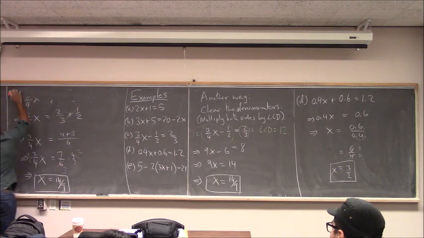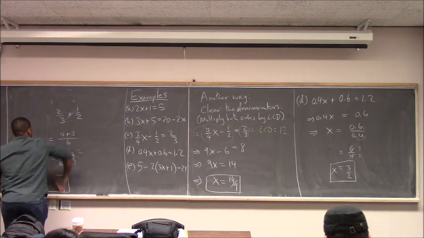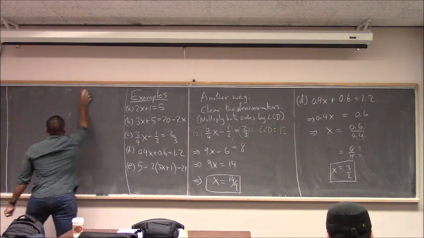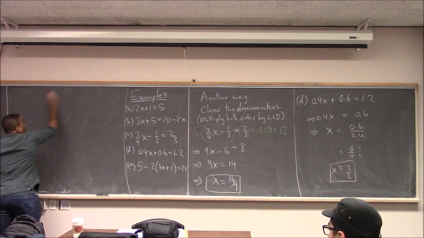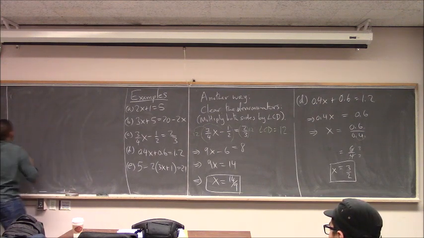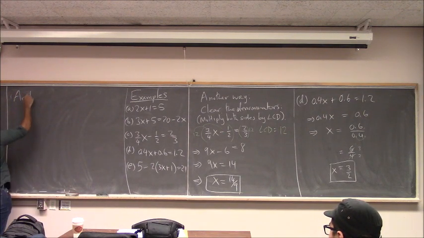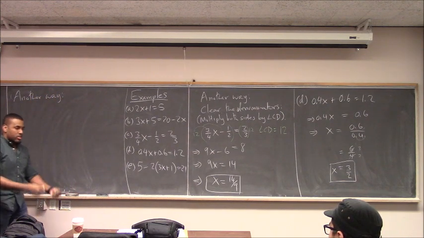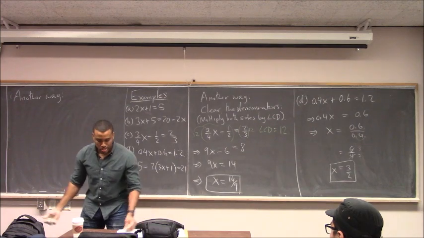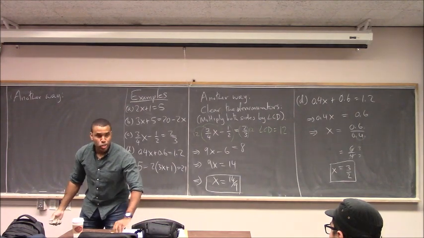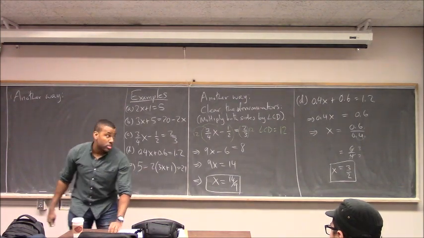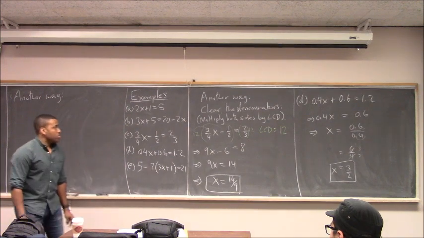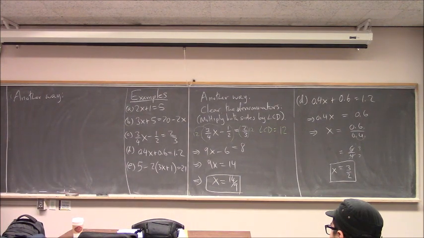There is another technique that could help out with something like this. Not quite clearing the denominators, but you can clear the decimals. Especially since you're often not allowed to use calculators on quizzes and tests, if you have any little trick to make the mechanics of the problem easier, you should probably pay attention to those. So we could actually clear the decimals.